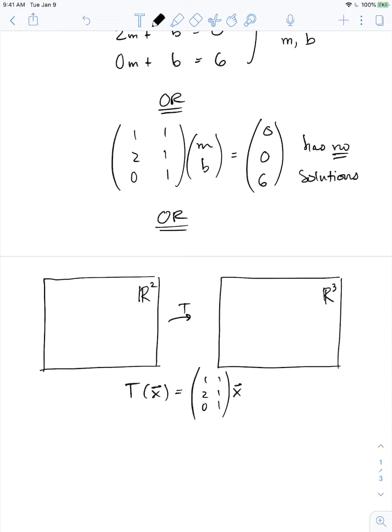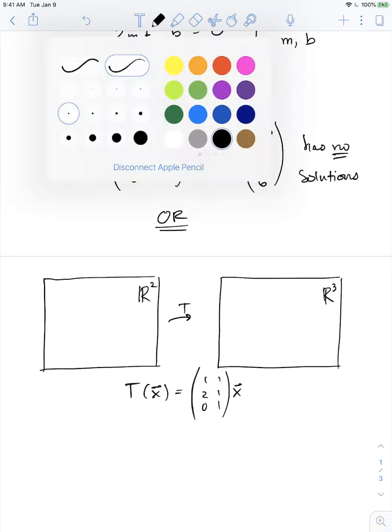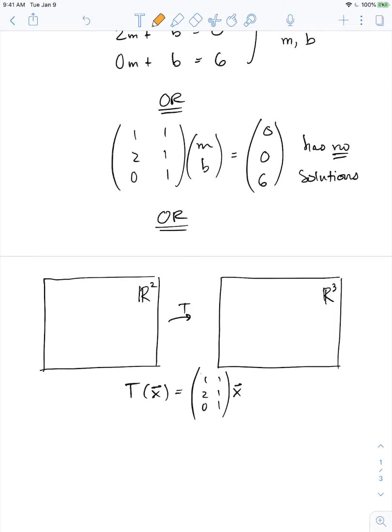So now what we're saying is no combination of these vectors here and here, no linear combination of those two columns can come out to (0, 0, 6).